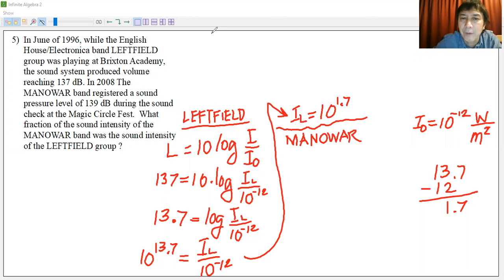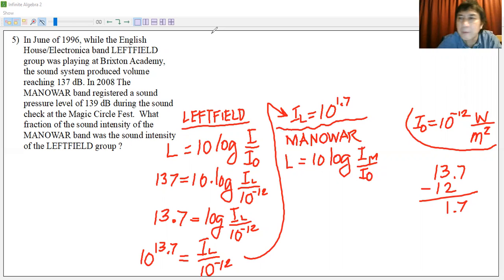This time we still have the same formula: L is equal to 10 log of I, let's call this IM, divided by I of 0, the same quantity over here. This will be the loudness for the second band Manowar, and this is 139 decibels.